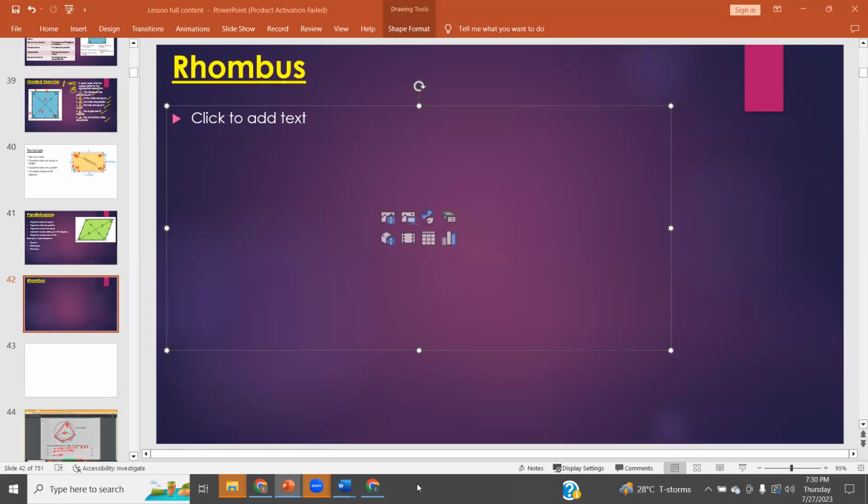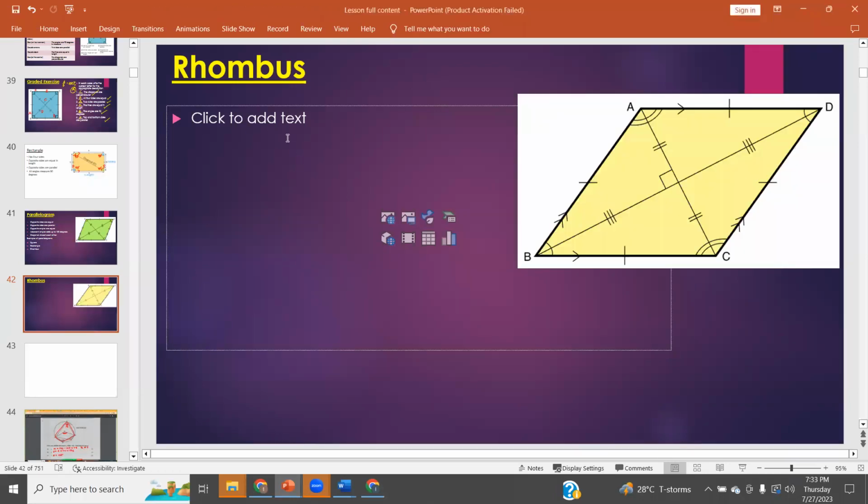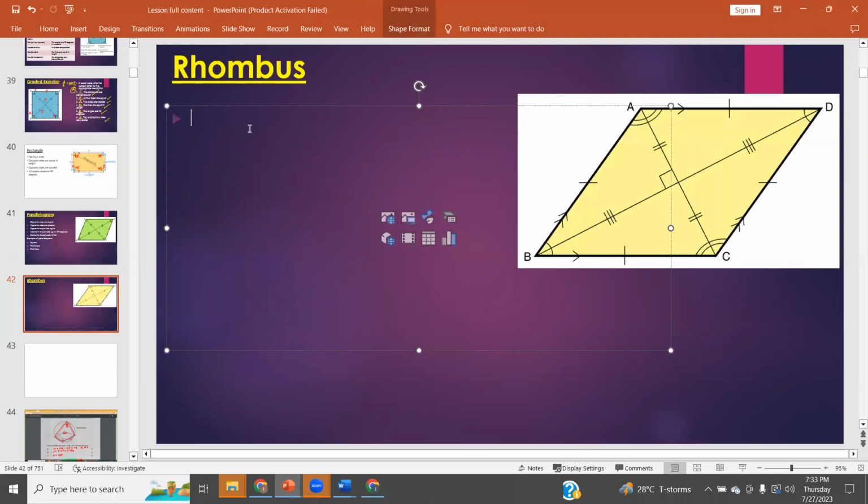So let's draw a rhombus. Like I said, they look very similar to a parallelogram, but it's not the same. So please draw this image, the rhombus. Number one, all four sides are equal. Number two, opposite sides are parallel.